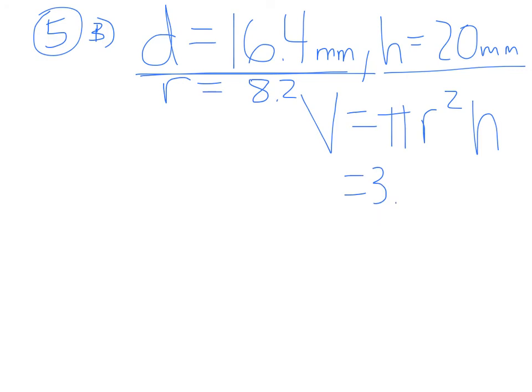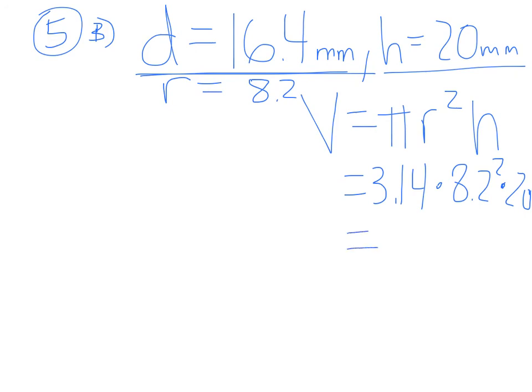So now we've got 3.14 times 8.2 squared times the height, which is 20. All right, and basically, if you were using a calculator, this becomes really simple. I think you should go ahead and do that.